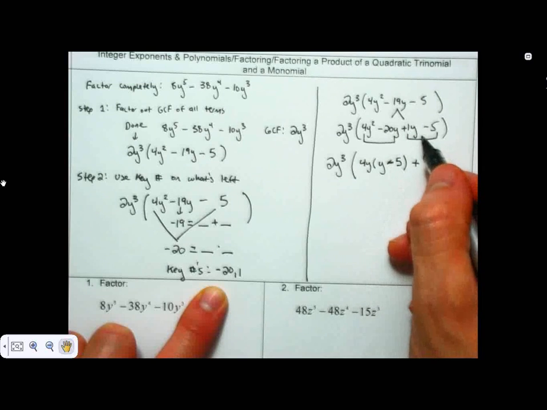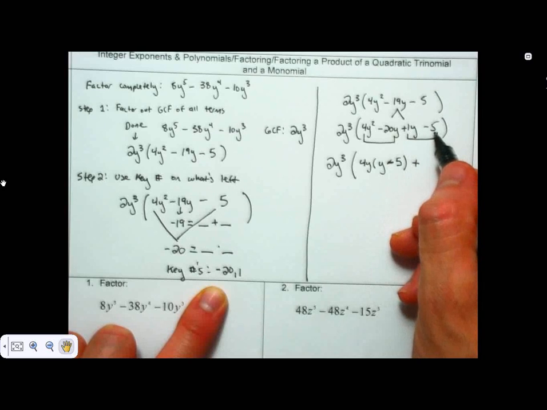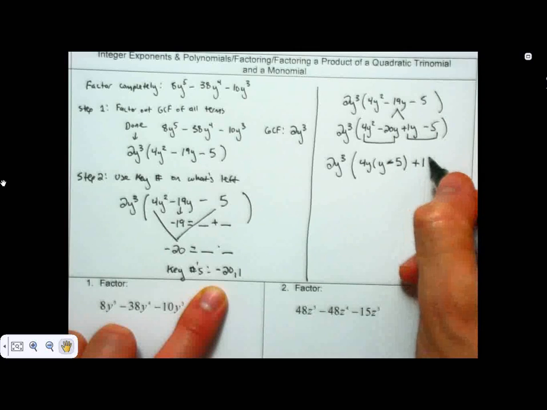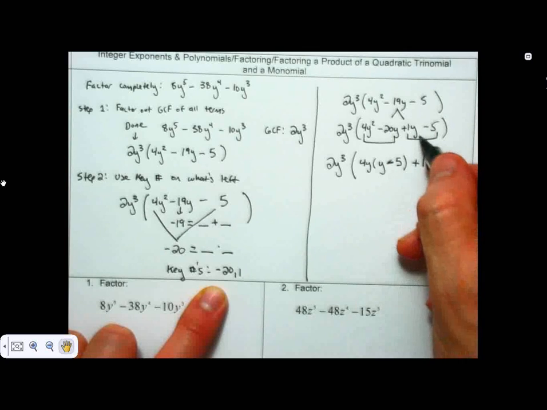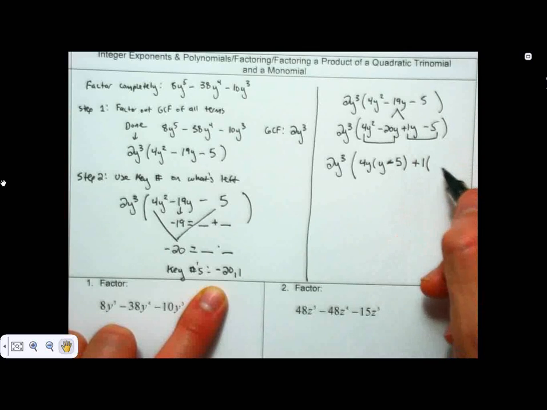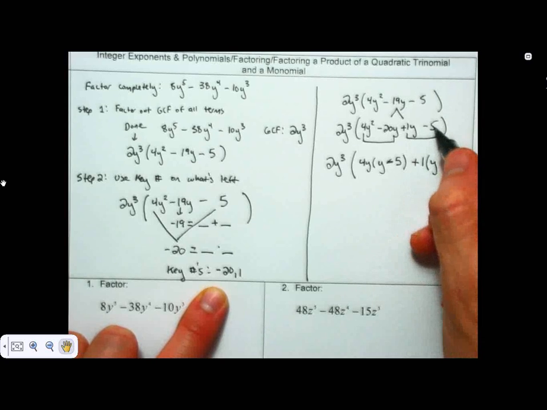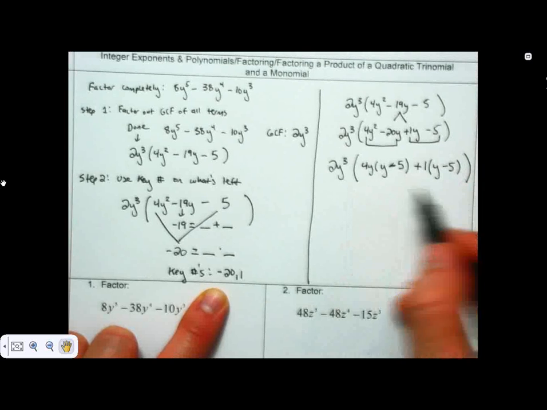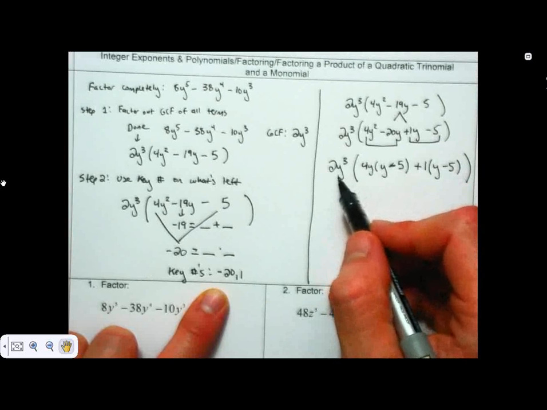From the second group, 1y and minus 5, the one thing I can really factor out there is a 1. That's their greatest common factor. So when I factor a 1 out of the first term, I'm left with y. When I factor a 1 out of the second term, I'm left with minus 5. And then I've got parentheses around the whole thing because of this 2y to the third.